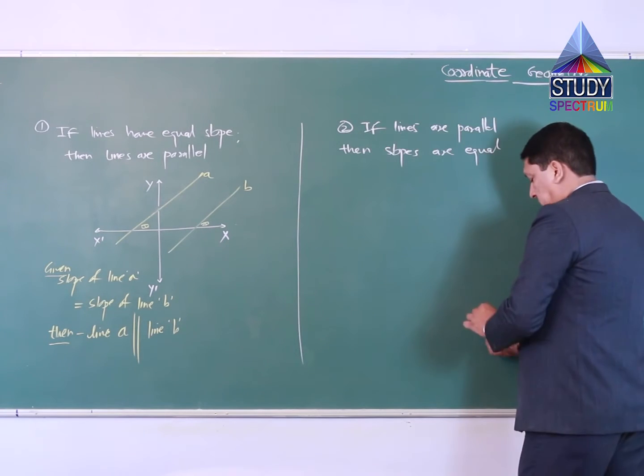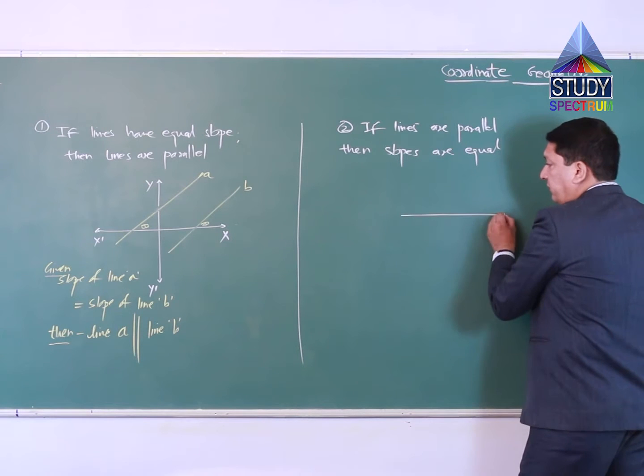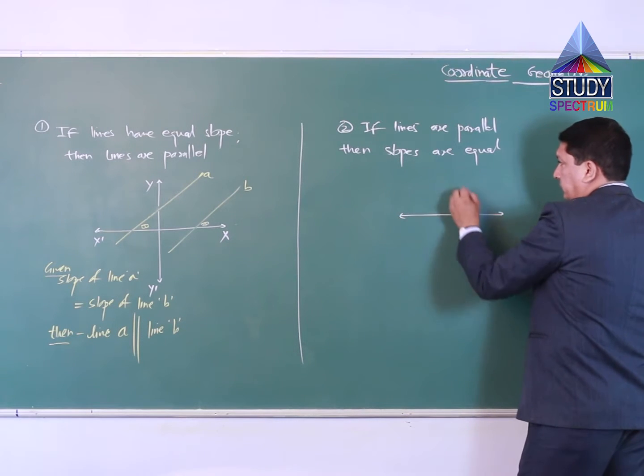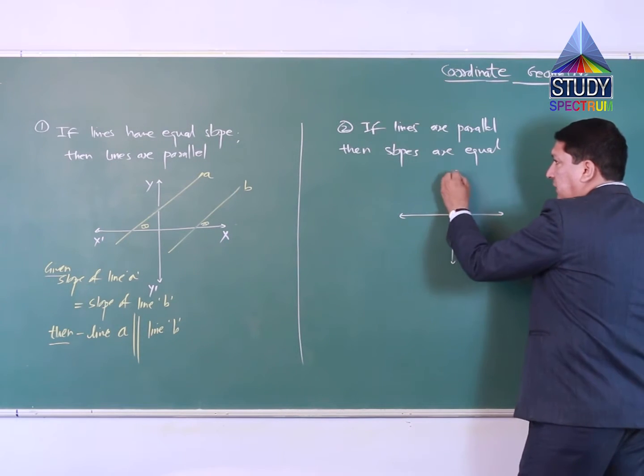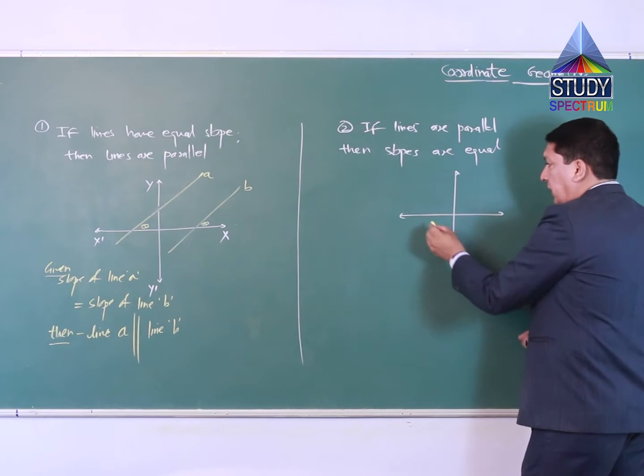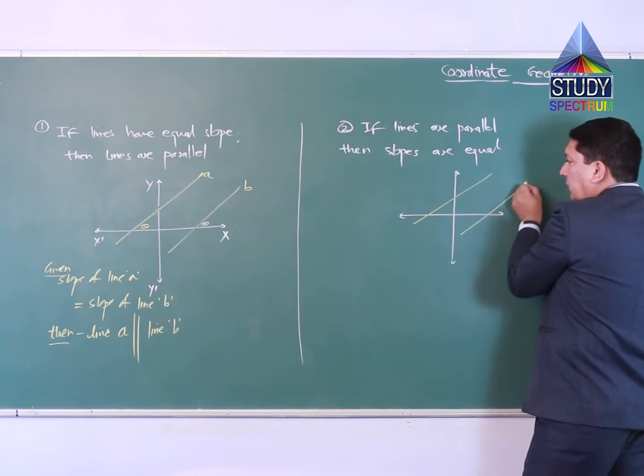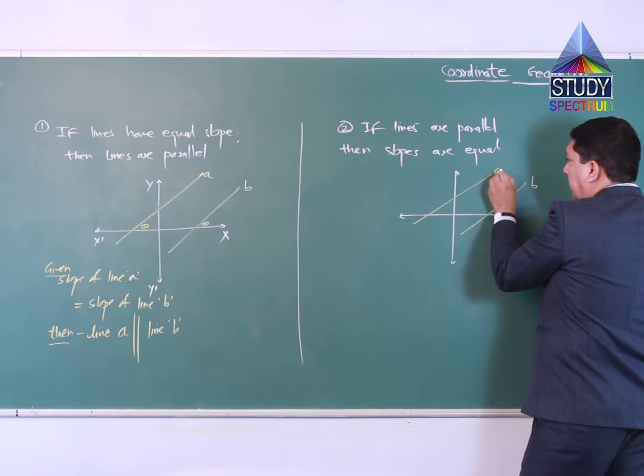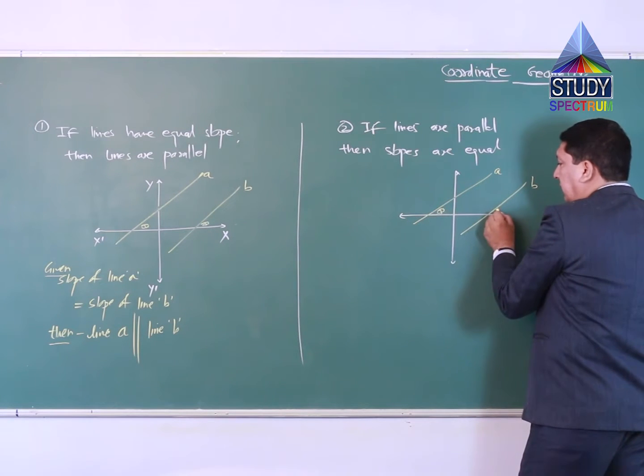Converse of this, we'll draw a graph. This will be required again and again in solving sums. There are two lines given to us parallel, line A, line B. This line is making theta degree angle.